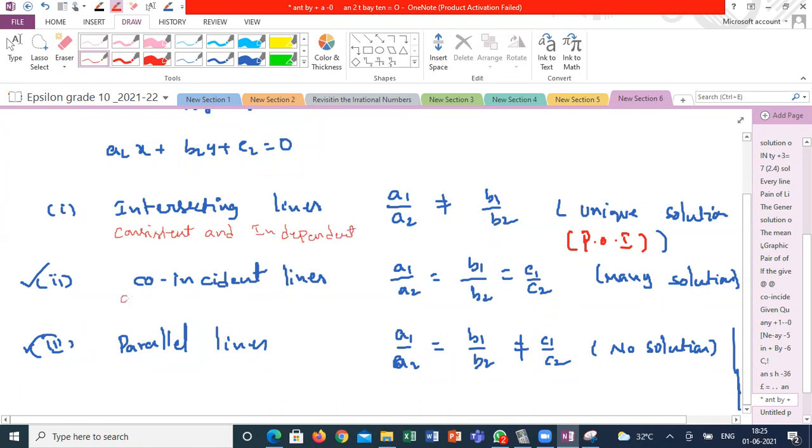Second condition is the condition for consistent and dependent. The third case is inconsistent. Inconsistent means there are no solutions.